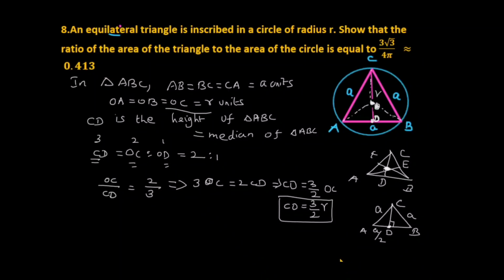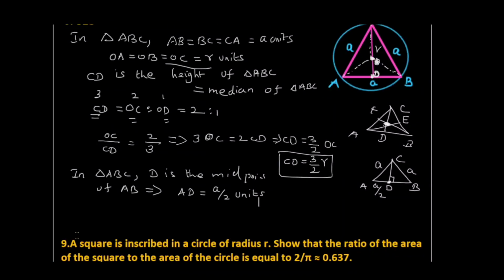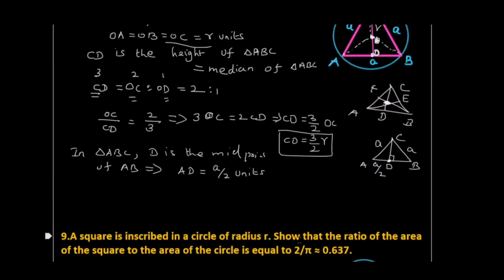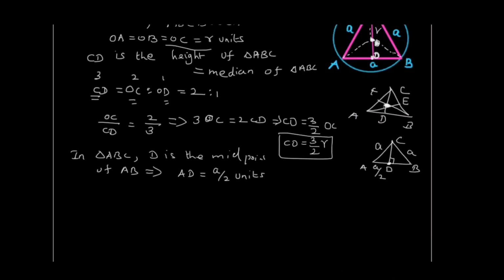So in triangle ABC, D is the midpoint of AB, which means AD is equal to A/2 units. So using this, if you are calculating the length of AB, what is our length of AD?